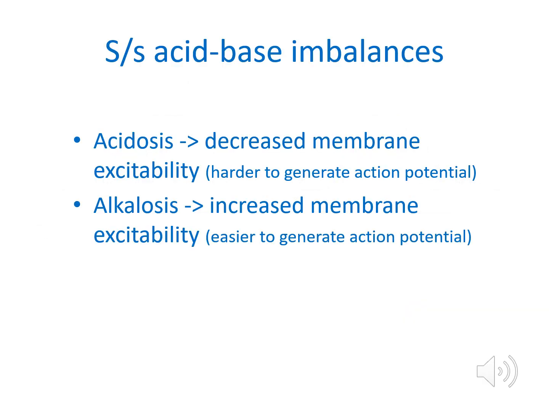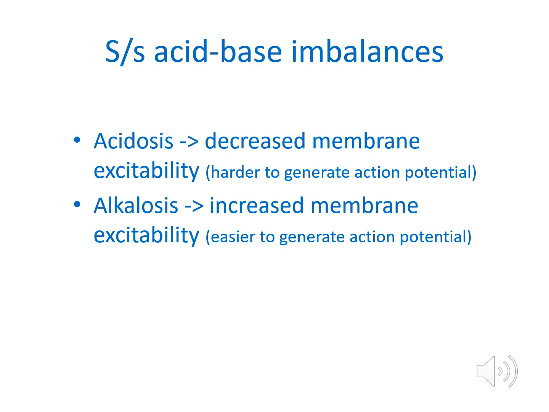As far as symptoms of acid-base imbalances, with acidosis, the primary result is decreased membrane excitability. In other words, it's harder to generate an action potential. So in acidosis, you're going to see all those things you expect to see when it's harder to generate an action potential.